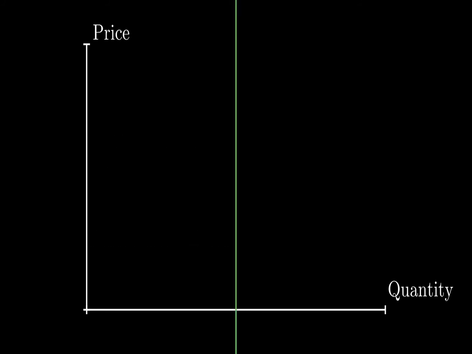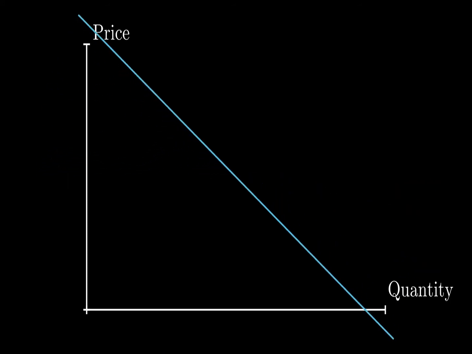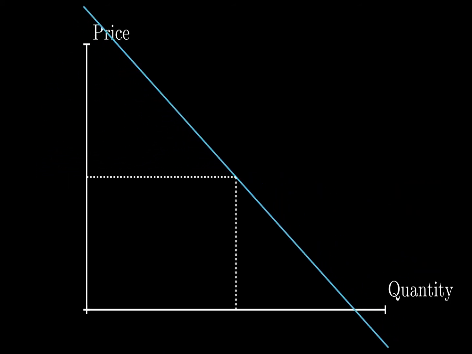But what do perfectly elastic demand and supply look like? And what are their numerical values? You might already have guessed that they are horizontal lines, but let's check that that's true. As already established, the flatter a demand curve is, the more elastic it is.